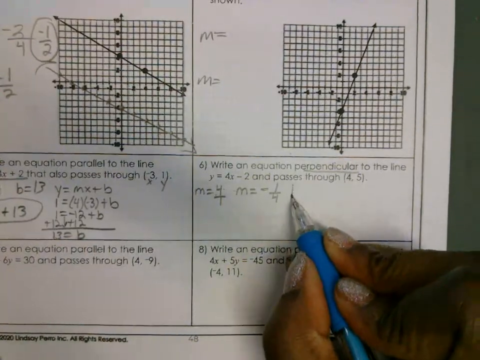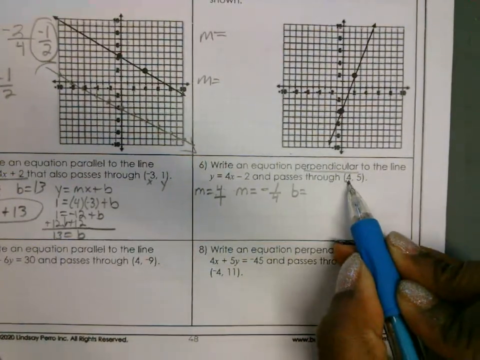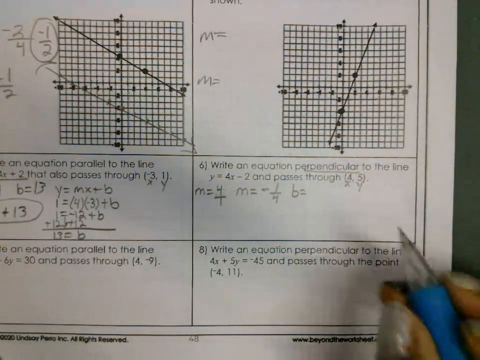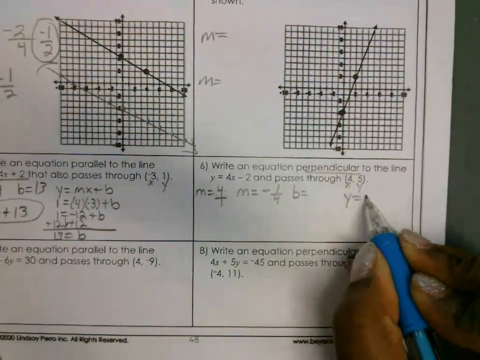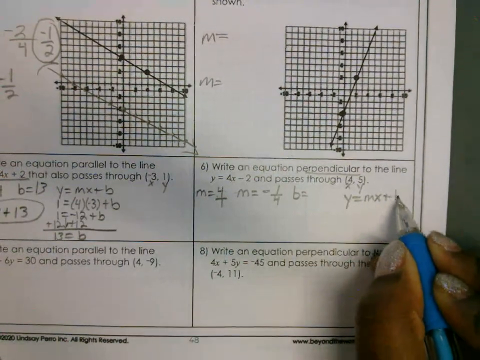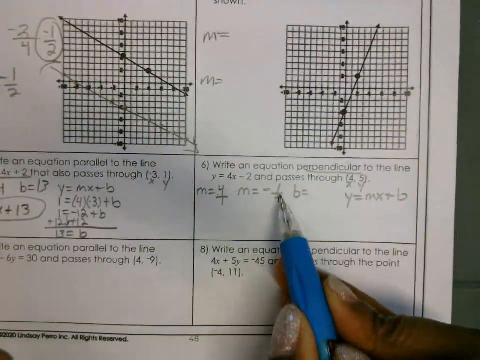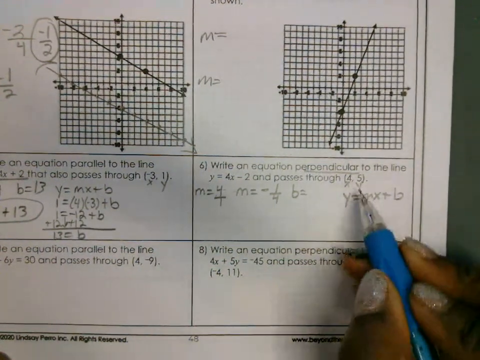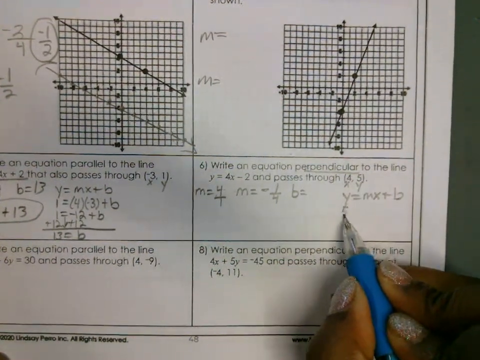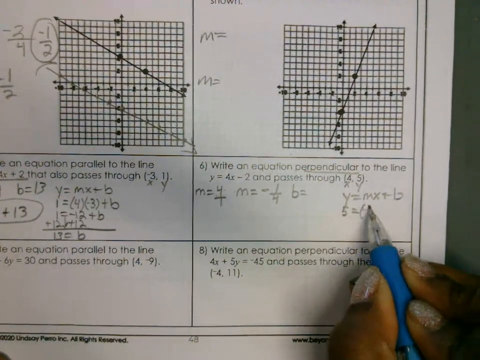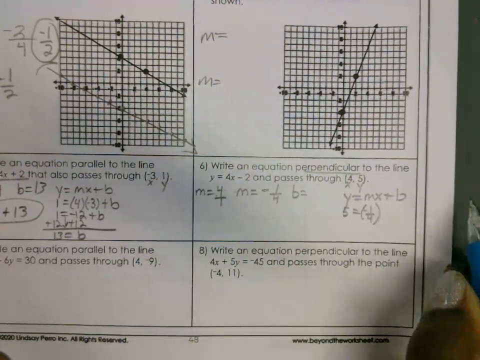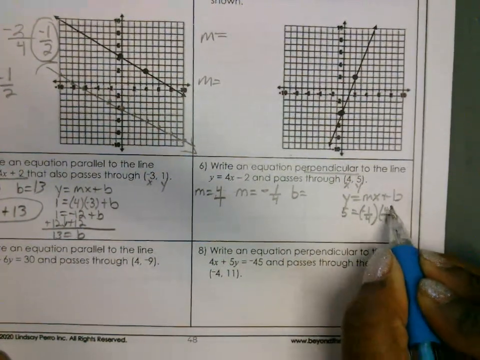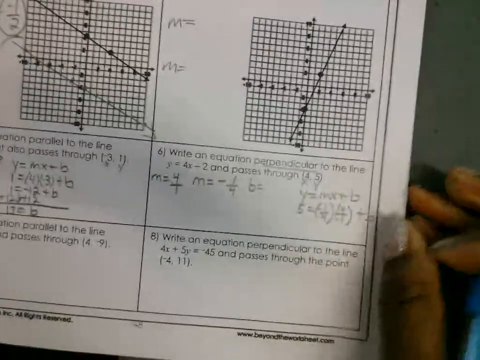Now I have to find b by using this point that the other line goes through. So to do that, I'm going to use the slope-intercept form, y equals mx plus b, and I'm going to substitute the new slope in. Remember, the slope is opposite reciprocal. So we have 5 is equal to a negative 1 over 4 times my x, which is 4 over 1, plus b. I'm solving for b.